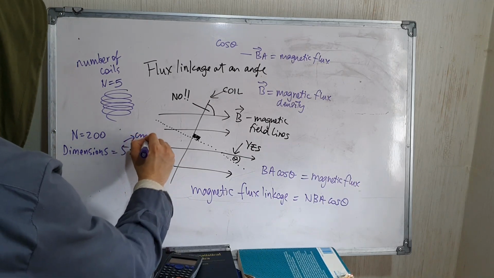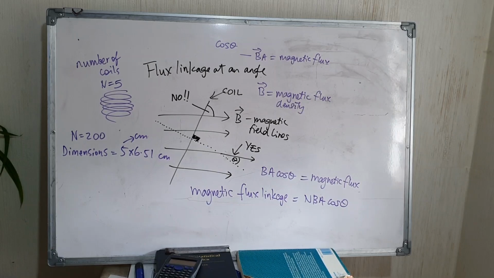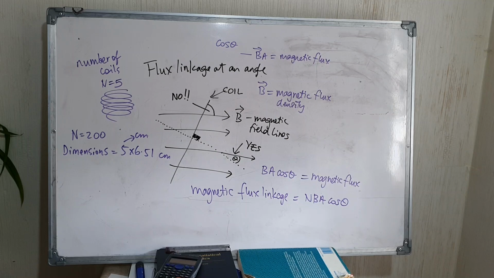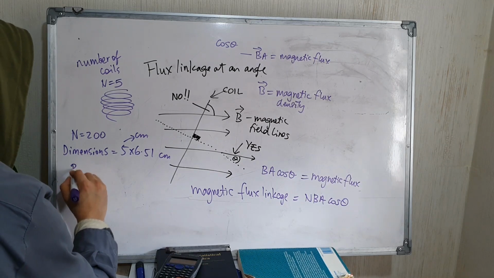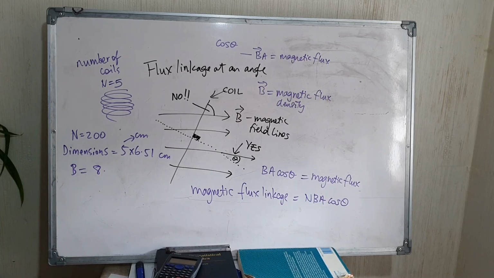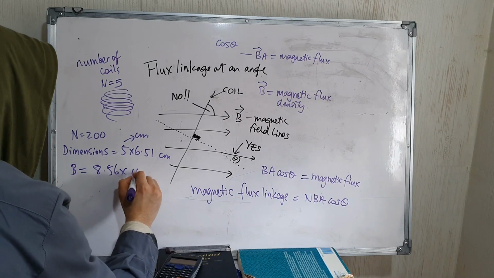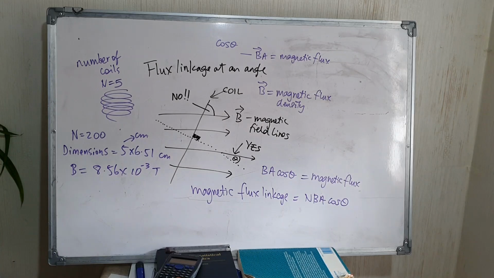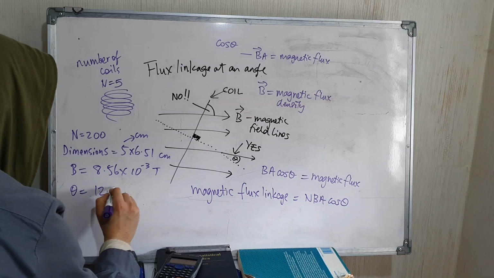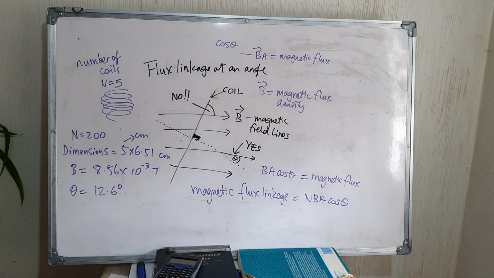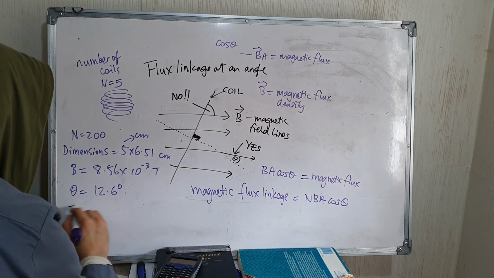And the magnetic flux density B is equal to 8.56 times 10 to the minus 3 Teslas, and then the normal. You've got 12.6 degrees, so theta is 12.6 degrees. What is the flux linkage?